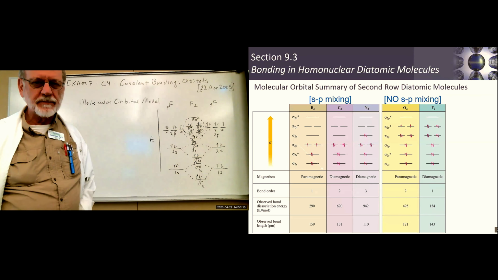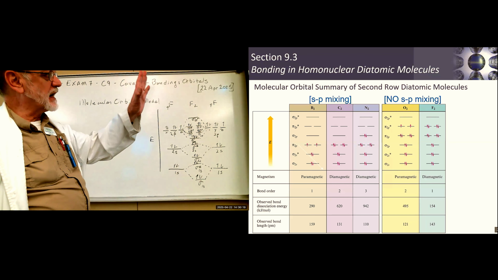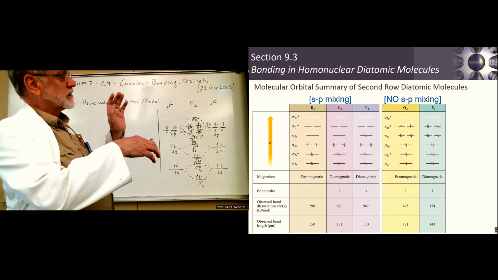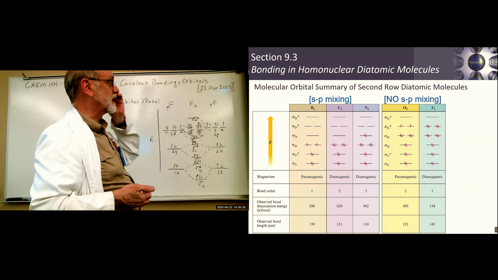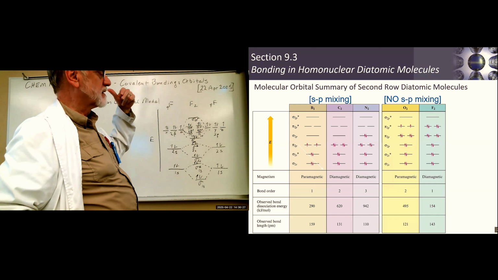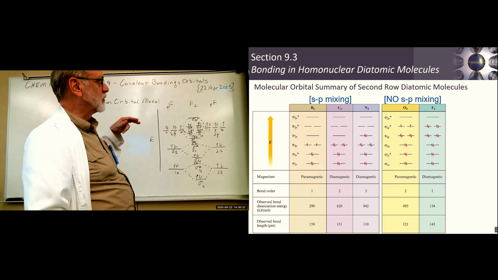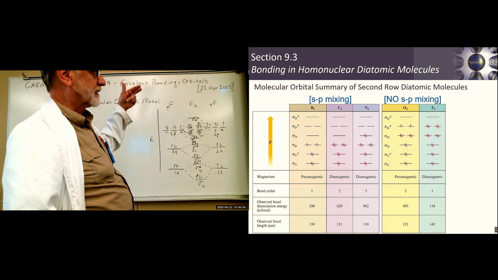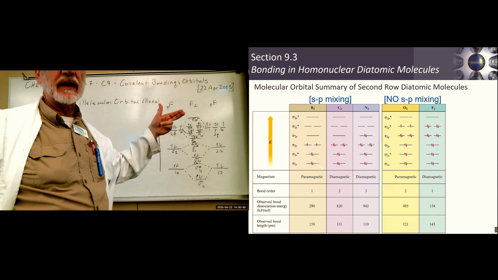Okay, we see that the dividing line is between, say, nitrogen and oxygen. So oxygen and fluorine have no evidence of sp mixing. That places the sigma below the pi in the bonding orbitals. Where you have sp mixing, then the sigma increases in energy to the point that it's higher than the pi's.